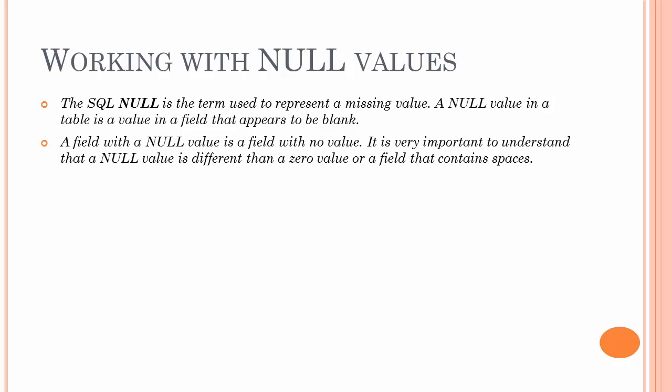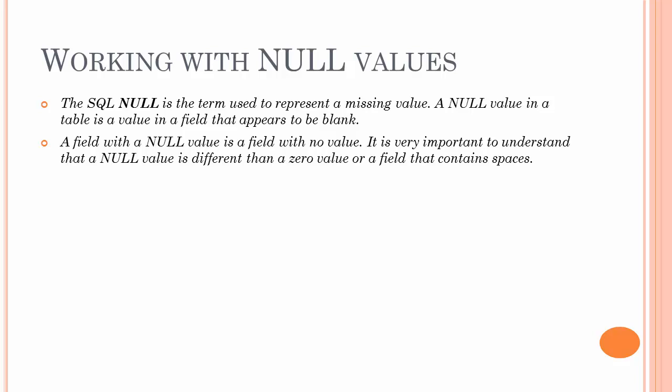It is very important to understand that a null value is different from a zero value or a field that contains spaces. While creating a table, if we don't set NOT NULL on a particular field, there is a possibility that the field can accept null values.